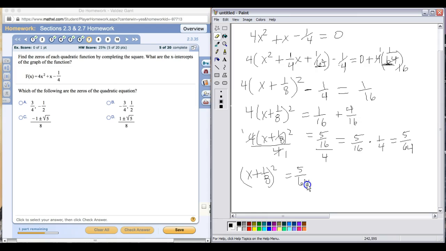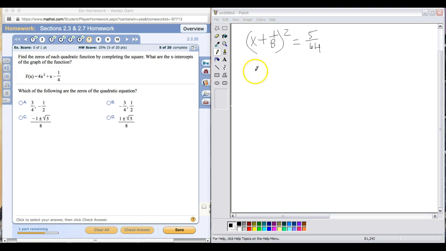What we'll do at this point is use the square root principle to finish solving this. Since we're running out of room, I'll clear some room here so that we can finish up this problem. Now that we've got some room cleared, by using the square root principle, x plus 1/8 equals plus or minus the square root of 5 divided by 64.